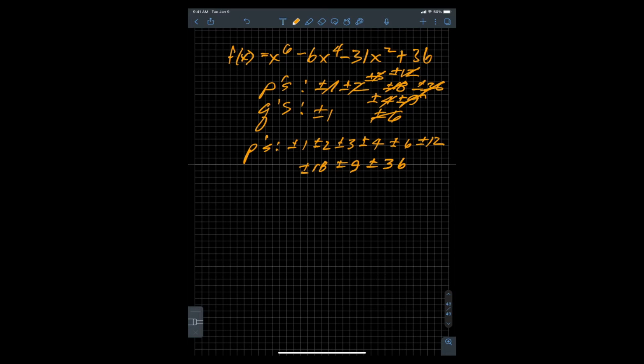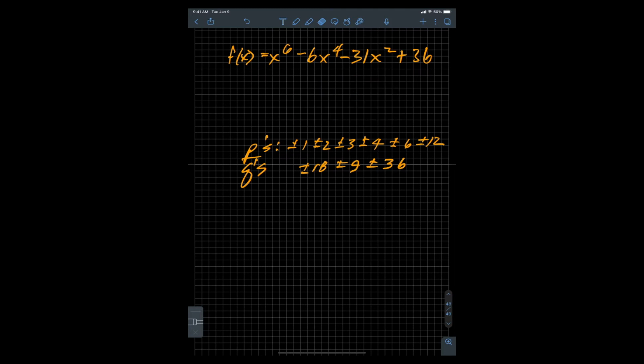Okay. And plus or minus 1s for the Q's, which means that all of these would just be all the different combinations of those numbers over 1. So our P's over Q's are, in fact, those numbers again. Okay?